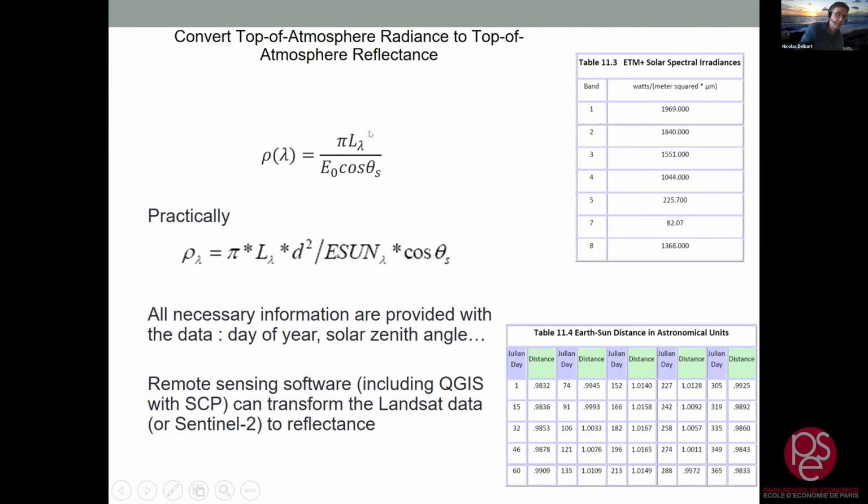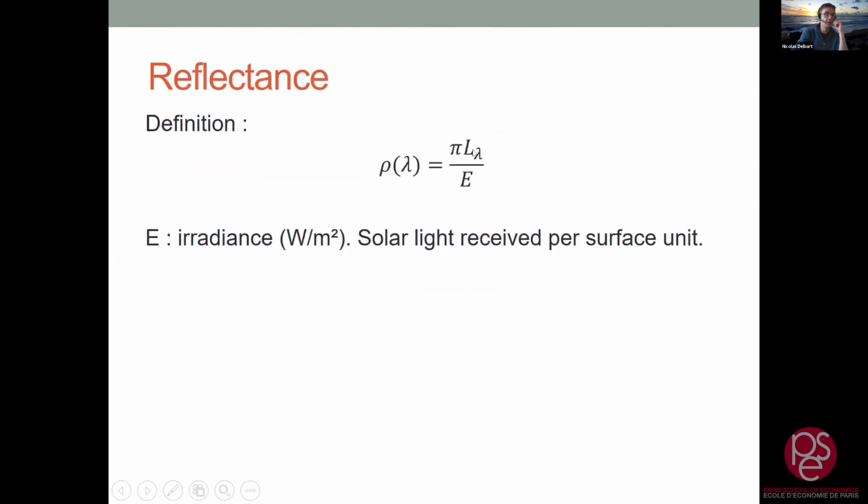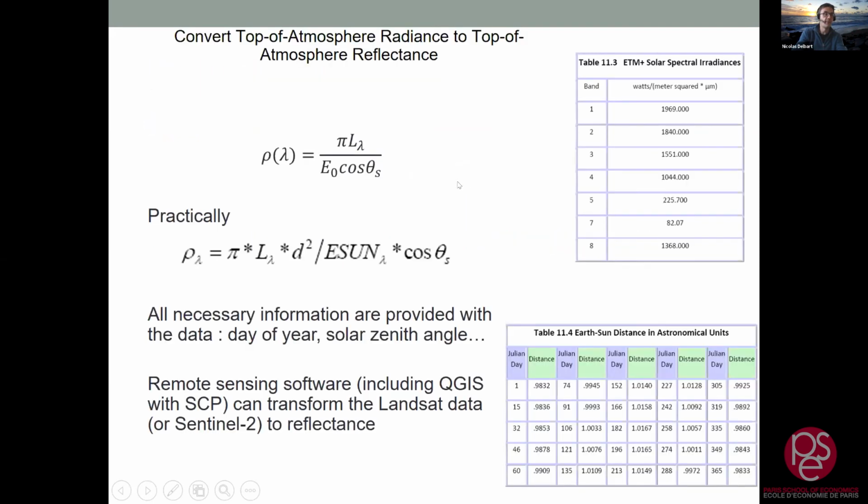Okay. From this equation, you include the E, which can be calculated as the product of one parameter, which is the E0.